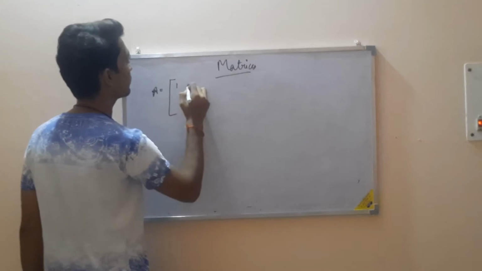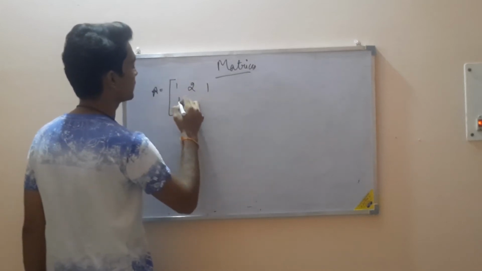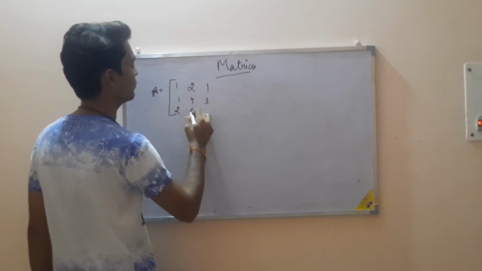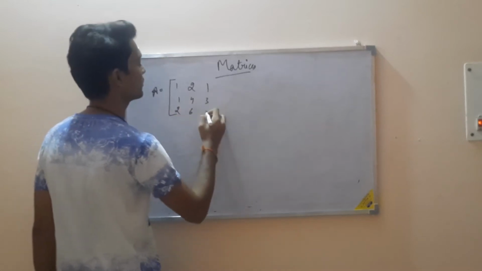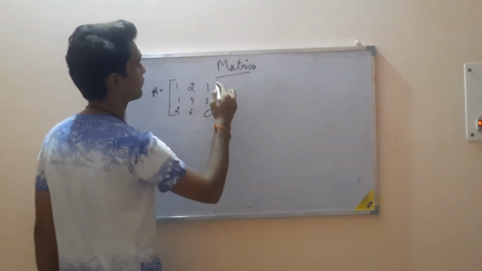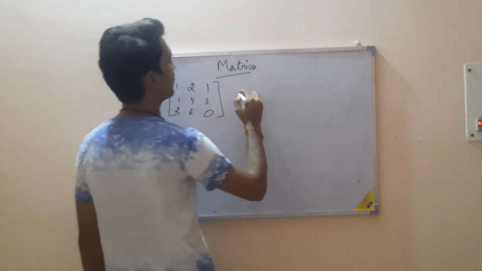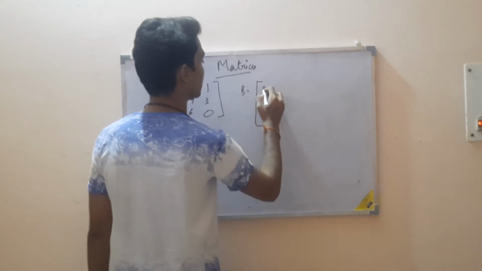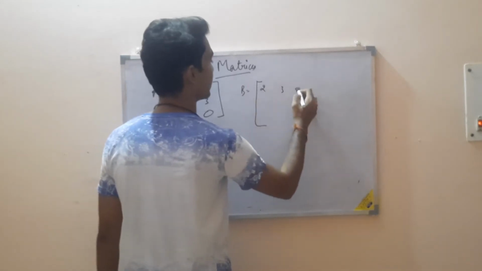A is equal to [1 2 1; 1 4 3; 2 6 0], and B is equal to [2 3 5; 3 5 1; 0 2 0].